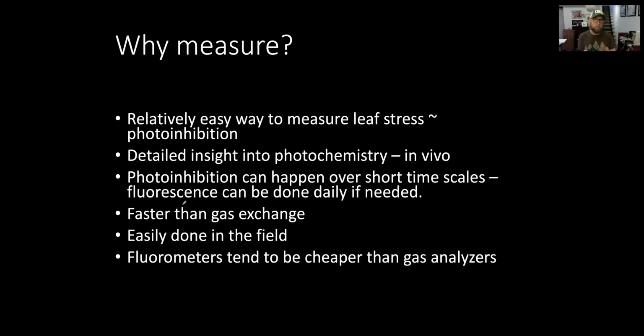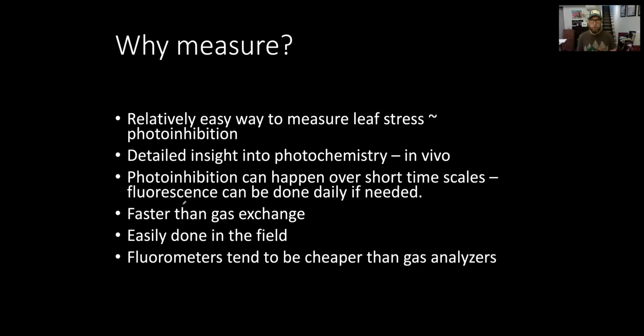I want you to be familiar with it, know what the process is and how it's triggering photosystem 2 and fluorescing or using that light in photochemistry or producing it as heat. And just have a general idea of the mechanics of this measurement, and then we'll look at some data and hopefully it will make more sense.